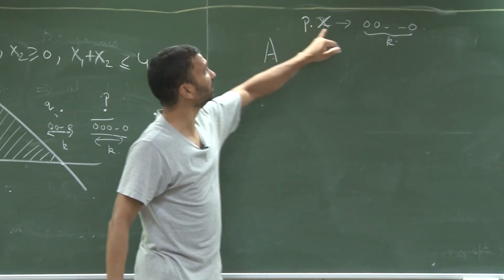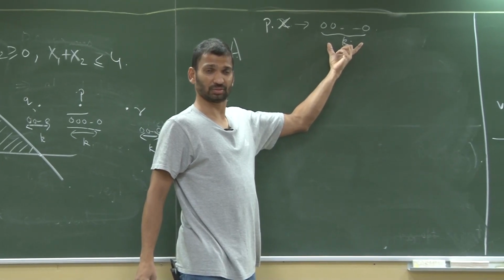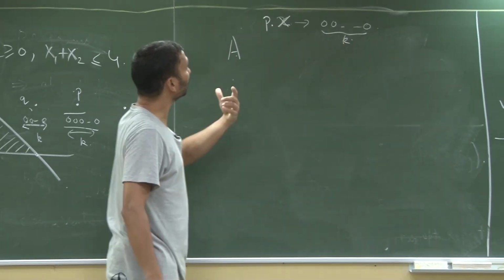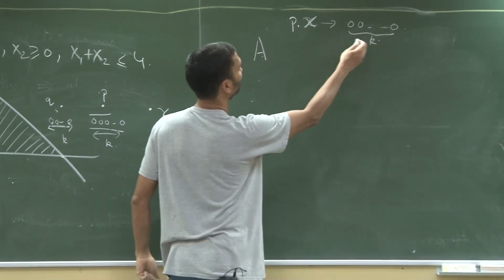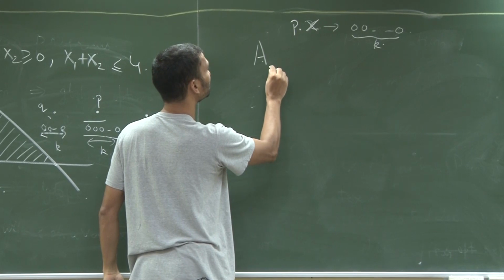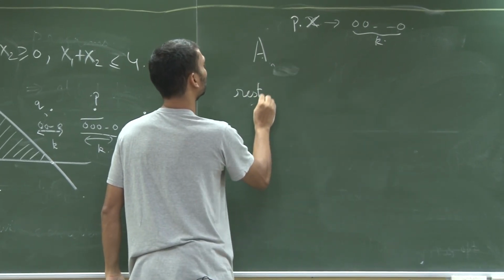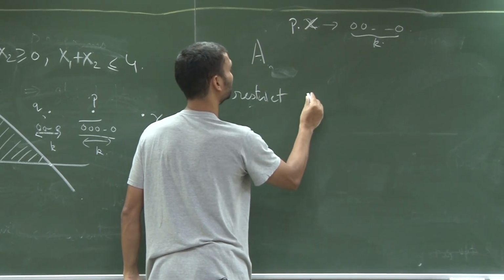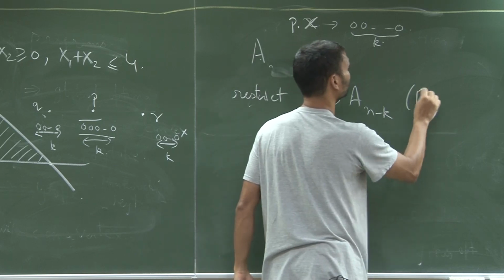Let's take a point P which is 0 at the last k coordinates. Now I look at the first n minus k coordinates, and I can restrict A to the first n minus k coordinates.